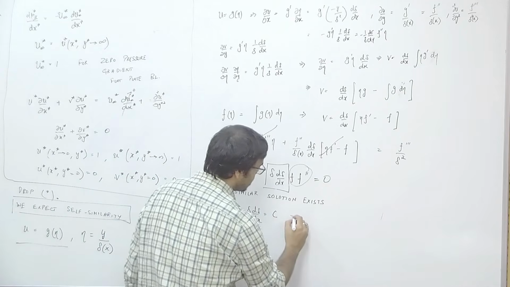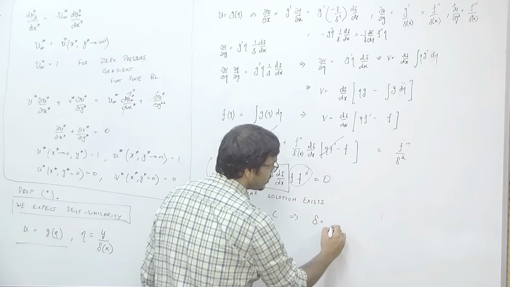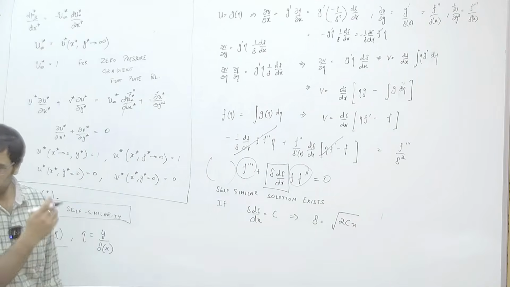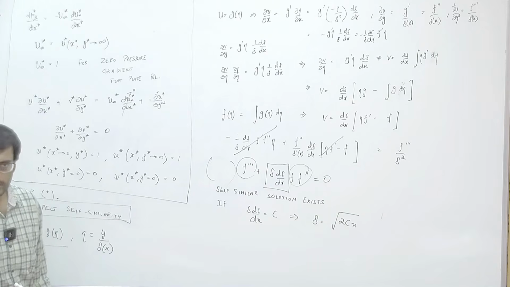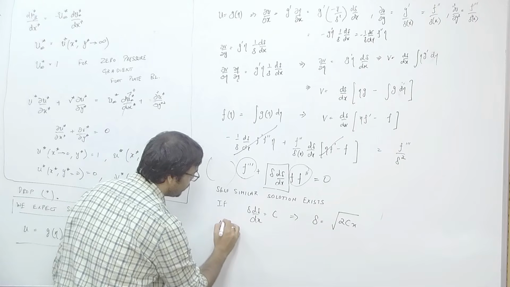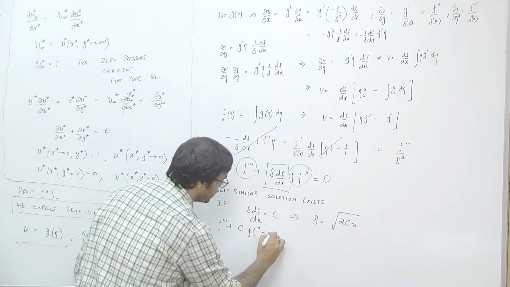So, if this exists, that means what can we say about delta? Delta is square root of 2 c x. Okay. Delta is square root of 2 c x, and the equation is f triple prime plus c f double prime equals 0.